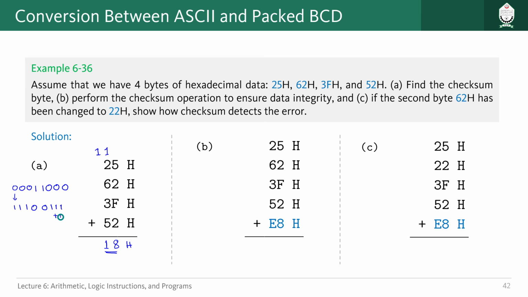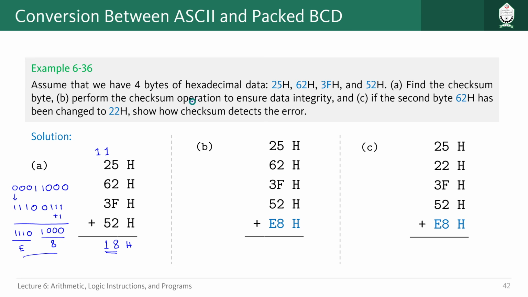Then add 1 to that, and it will become 1 1 1 0 1 0 0 0. So this is 8, and this value is what? This is 8 4 2, so 14 is E, right? So it should be E. So the checksum byte should be E8, which is actually added here.